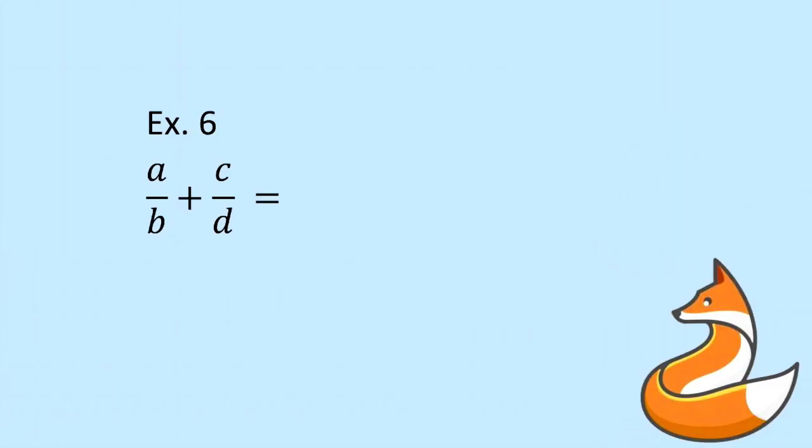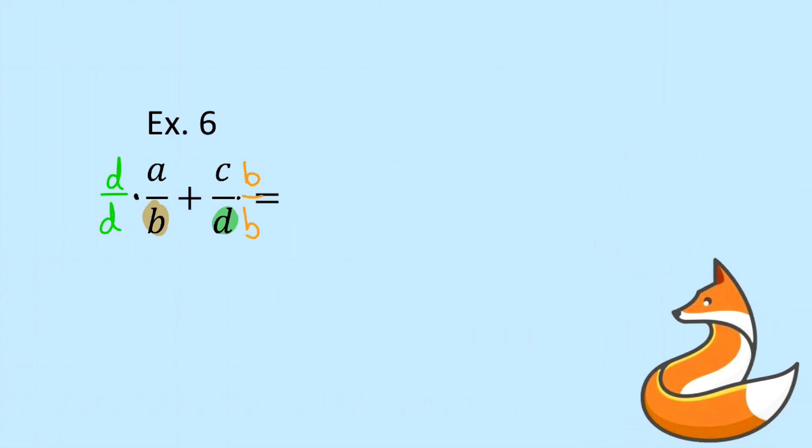All right, in this example, we're going to very much follow the pattern that we did in the previous example, where we have our two denominators that are going to help us to rewrite these fractions with common denominators. So we're going to multiply a over b times d over d, and we're going to multiply c over d times b over b.